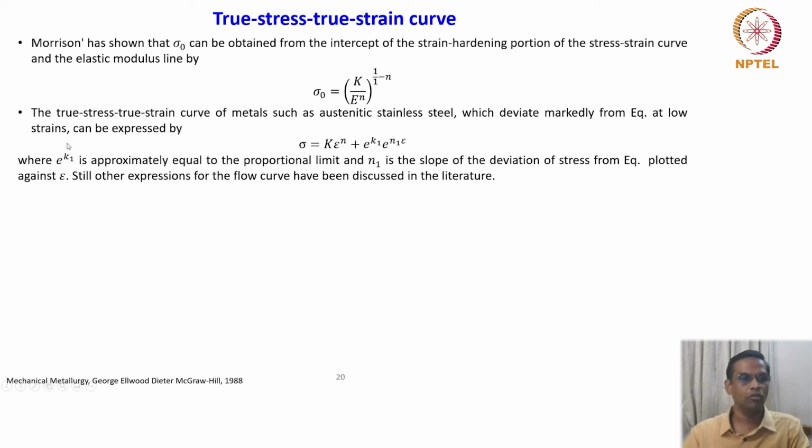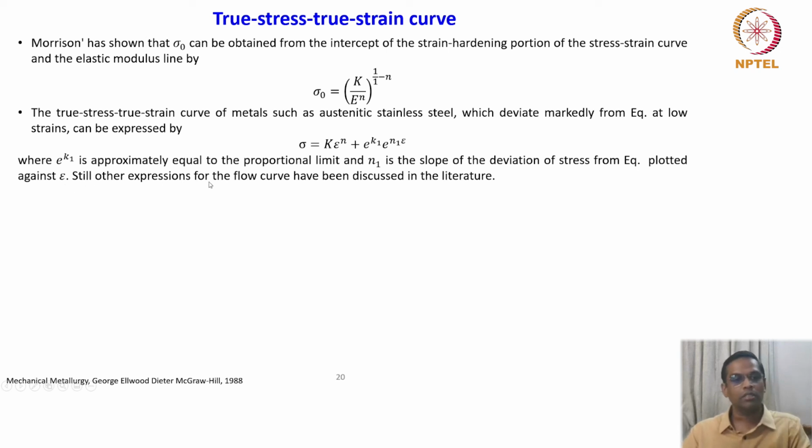The true stress true strain curve of metals such as austenitic stainless steel, which deviate markedly from the equation at low strains, can be expressed by this type of equation: sigma is equal to k epsilon to the power n plus e to the power k1 times epsilon to the power n1, where e to the power k1 is approximately equal to the proportional limit and n1 is the slope of the deviation stress from the equation plotted against epsilon.